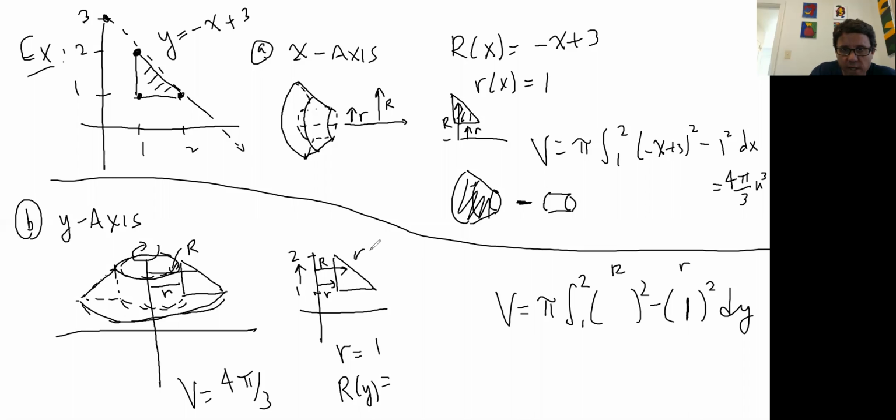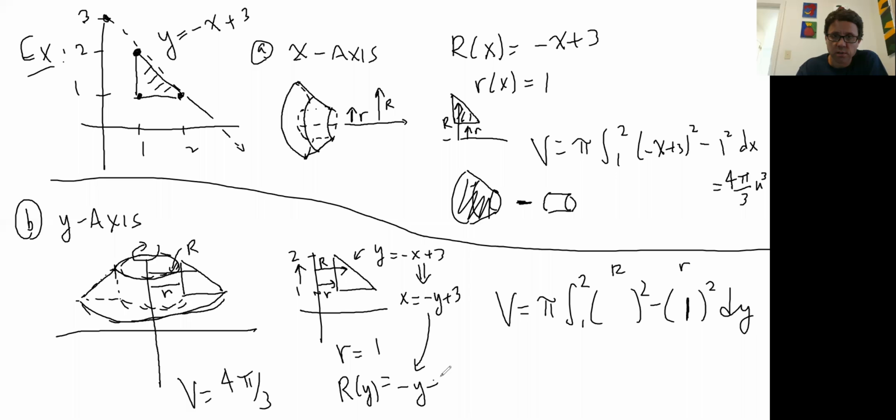I take that line, which is y equals negative x plus 3, and I need to convert it into x equals something. If you just solve for x, hopefully you can see it's not too bad. If you bring the x over, it becomes positive. If I bring the y over, it becomes negative. So I get negative y plus 3. And that will be my big radius.